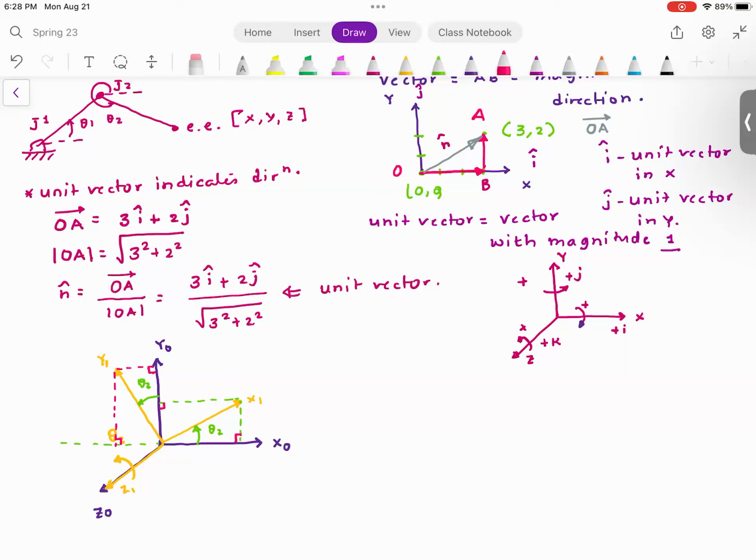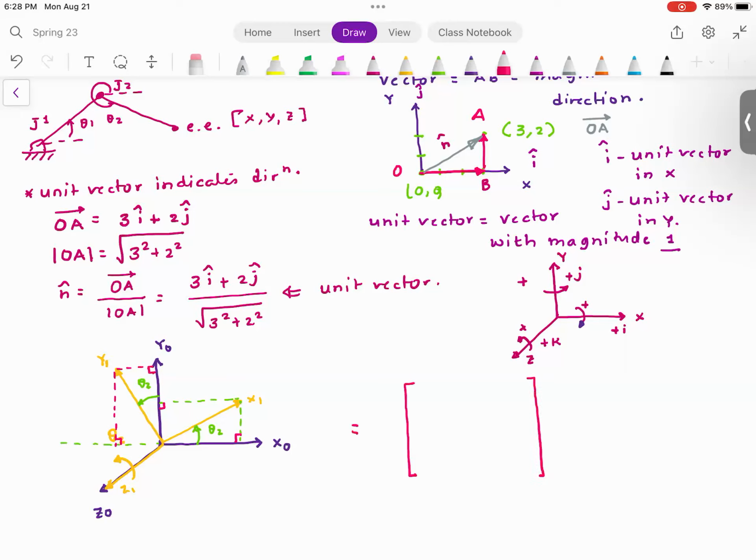So, projection of new frame onto old frame. Once again, this is extremely important. Projection of new frame onto old frame. And why is this very important? Because this gives me the rotation matrix.